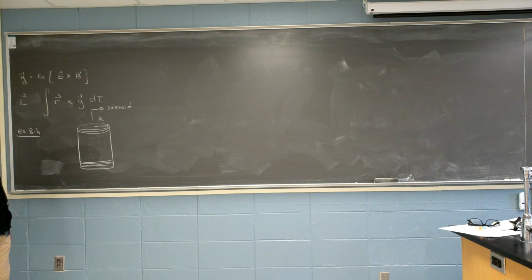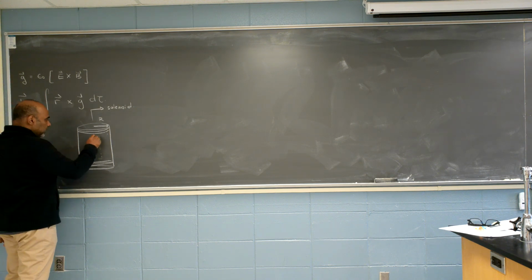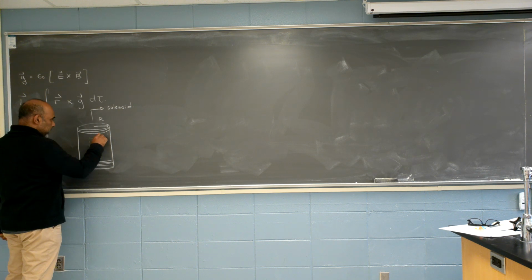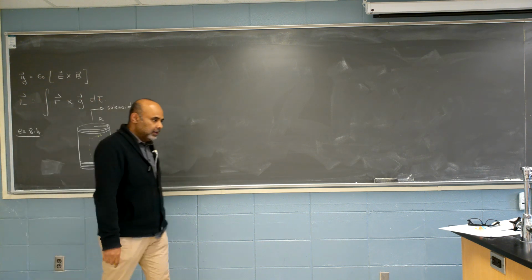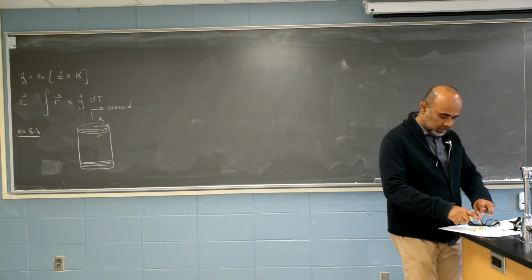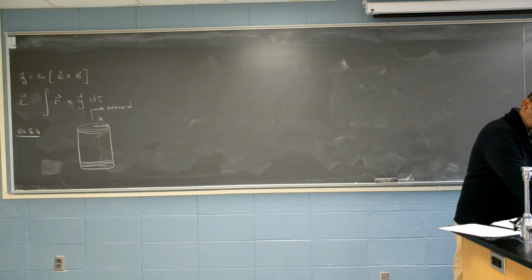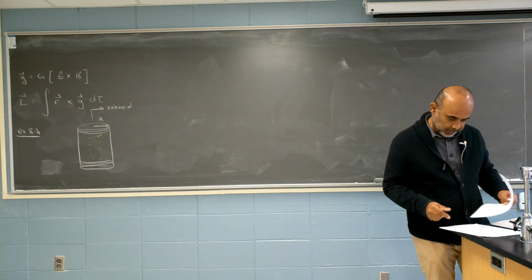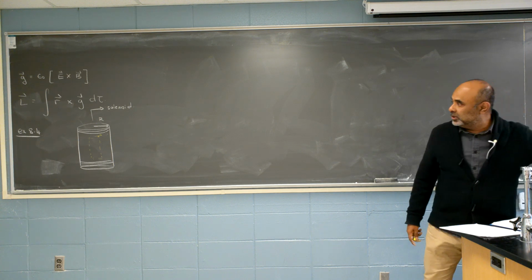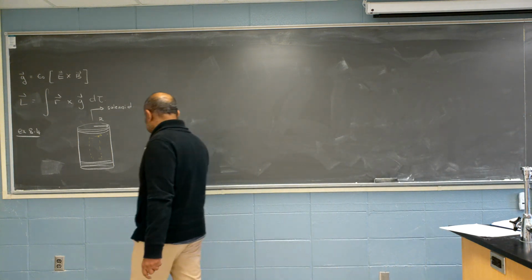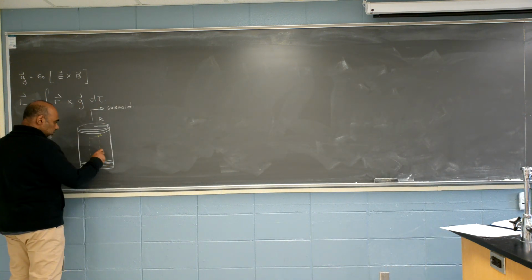Otherwise, I'll be out of my artistic dimension. So this has a radius A, and he puts a charge plus Q on this entire cylinder.